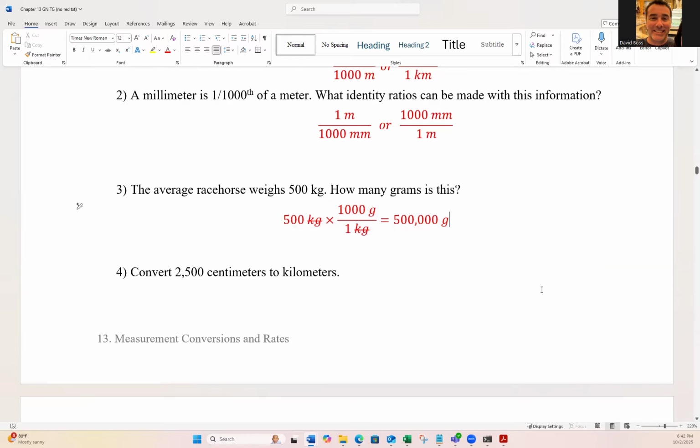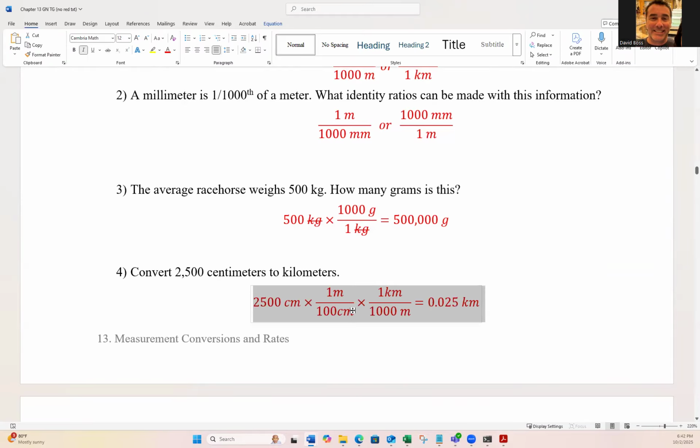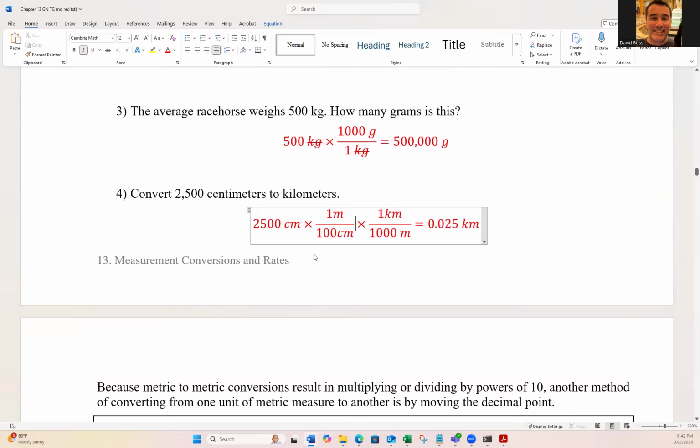Convert 2,500 centimeters to kilometers. Okay, so this one they're going centimeters to meters, meters to kilometers. So the centimeters cancel out because you have centimeters divided by centimeters.